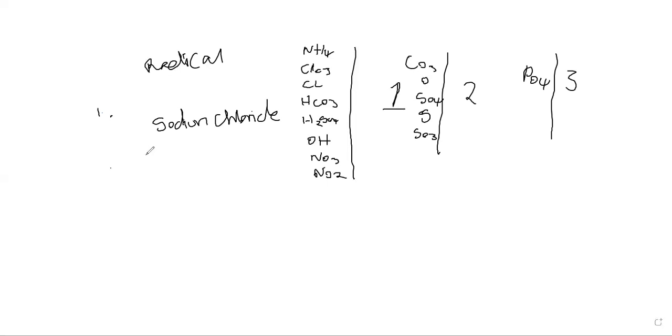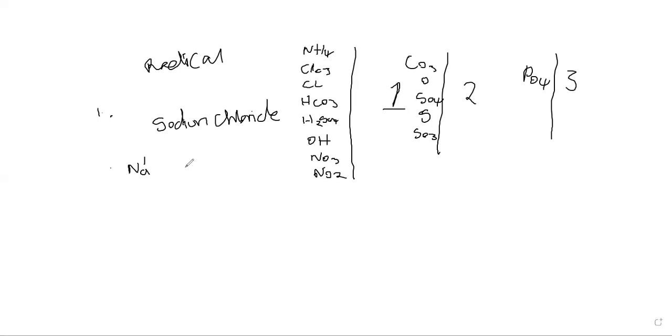Sodium is in group 1 on the periodic table. The symbol for sodium is Na, and it's in group 1. We know that elements in group 1 have the valence of 1, so we write its valence. Then chloride, we said that it's a radical.